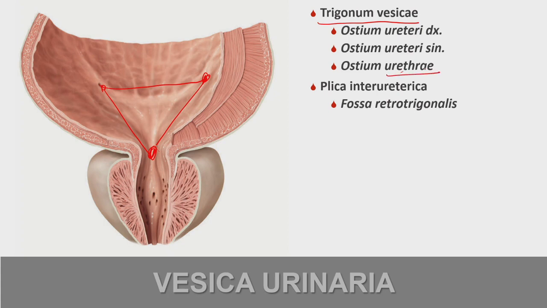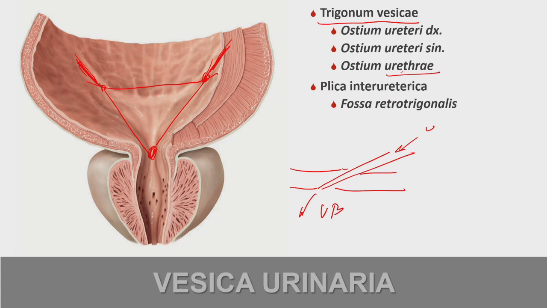So this trigonum is in the base of the urinary bladder, and we can see here how the ureters go. The ureters pass through the muscular layer in an oblique manner. This is the typical course of a ureter, and urine goes to the urinary bladder.